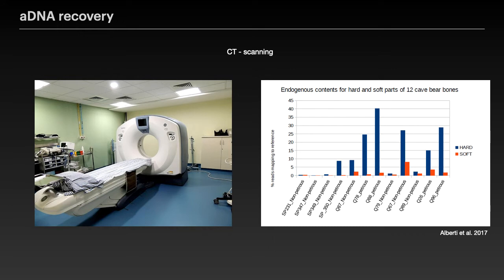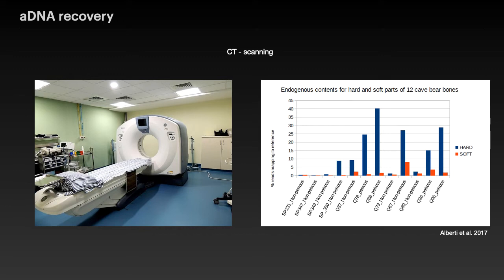In this study, on the right-hand side graph, we can see a clear pattern with the blue bars for each of the samples. These are the hard parts, and on the y-axis we have the endogenous content expressed as percentage of reads mapping to the reference.